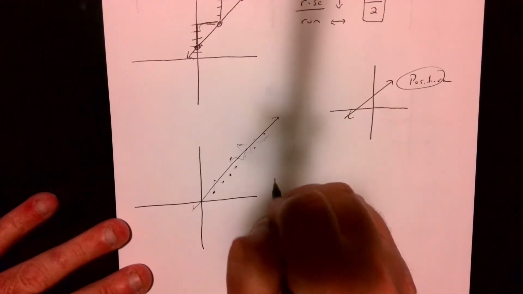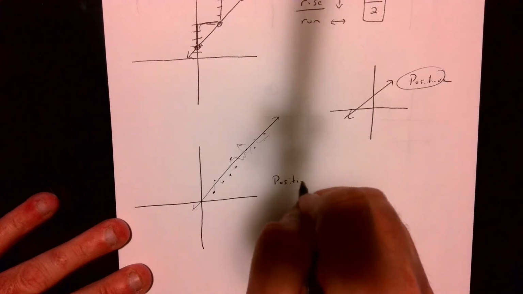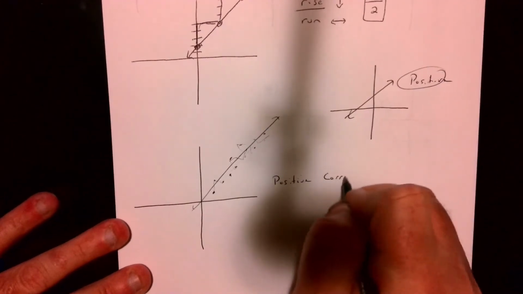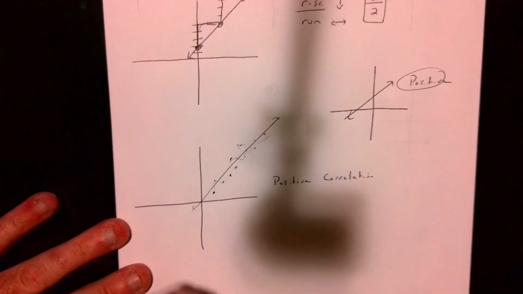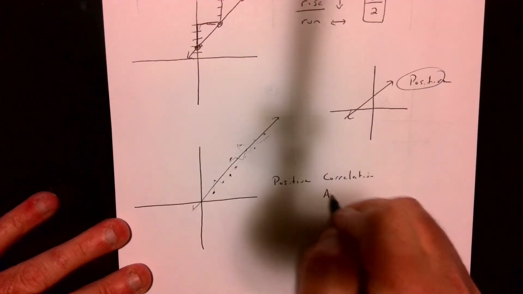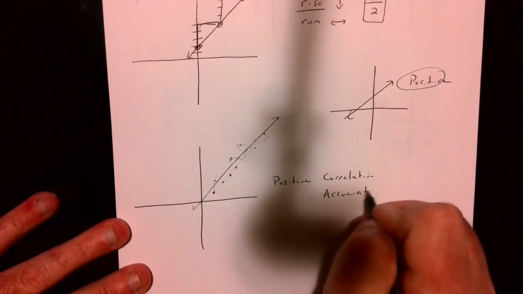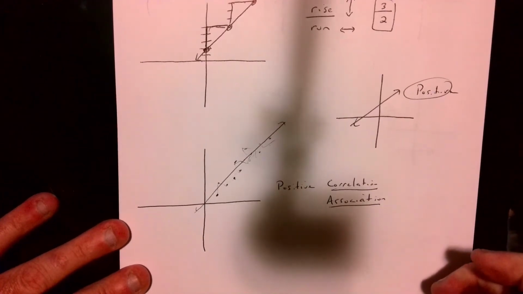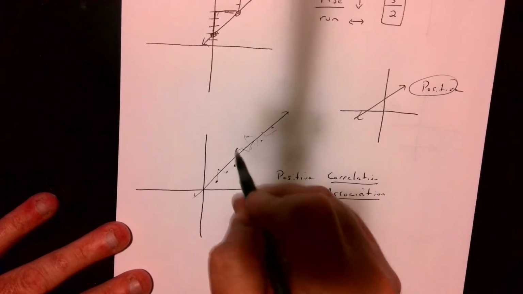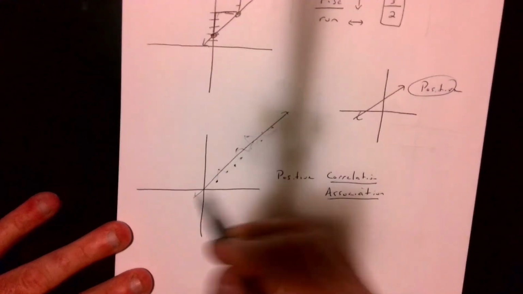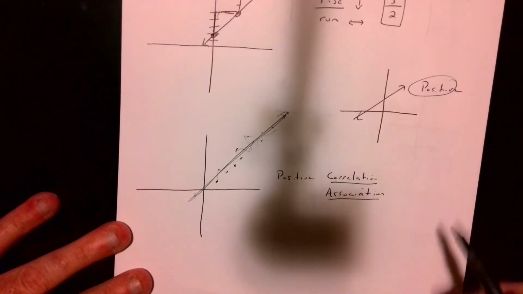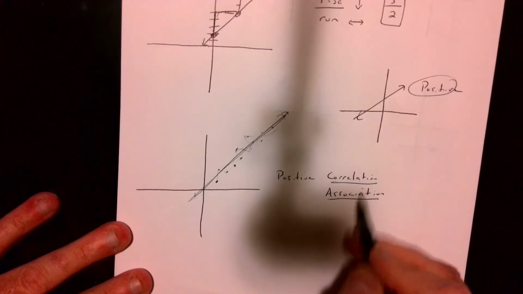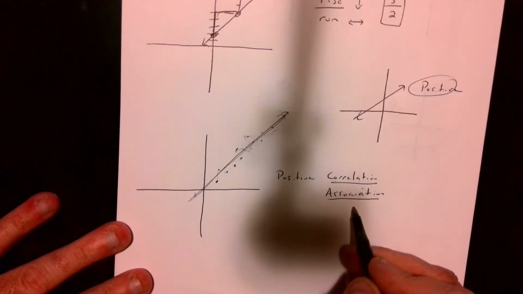So we would call this positive correlation or positive association. Correlation and association mean the same thing. So if we look at the scattered data and it's going up to the right, it's got a positive correlation or positive association.